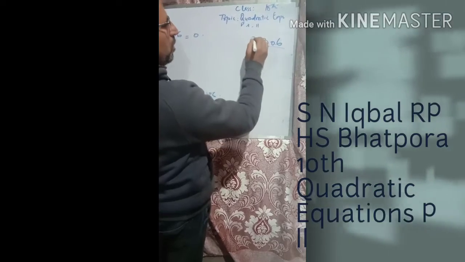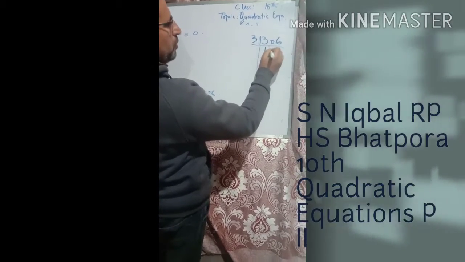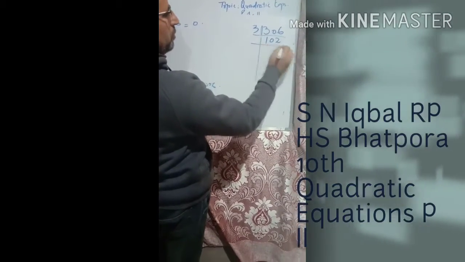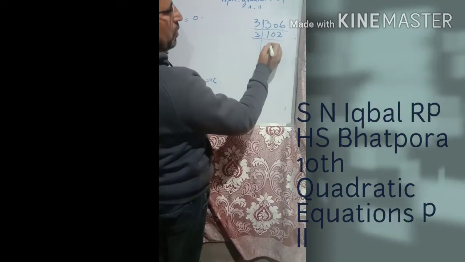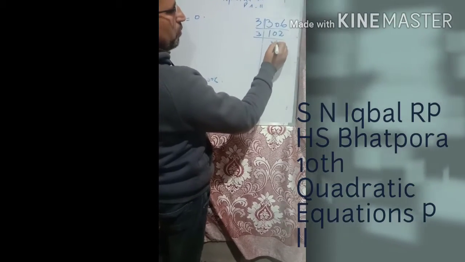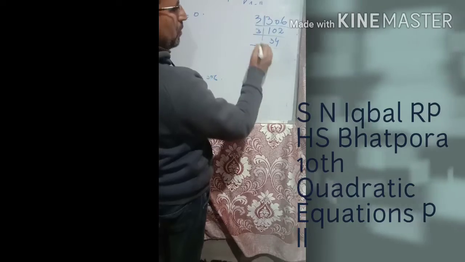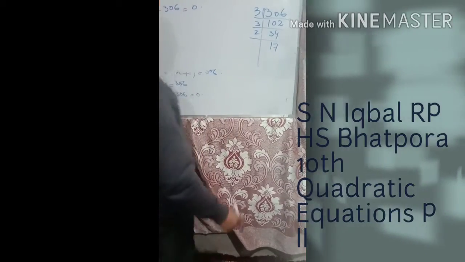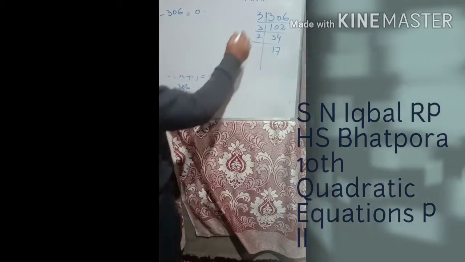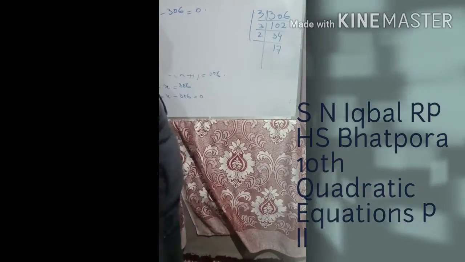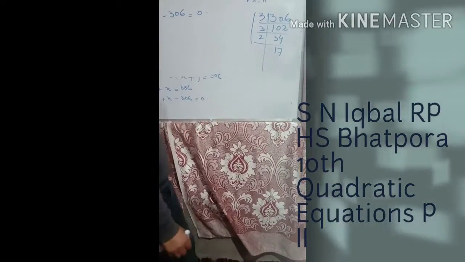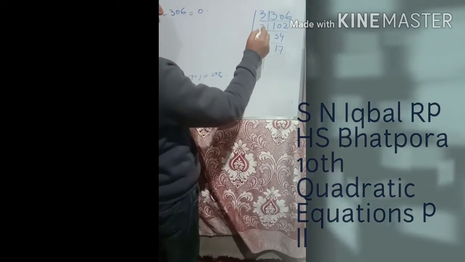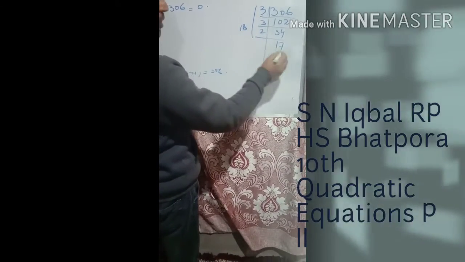3 ones are 3, 300, 3 twos are 6, 3 threes are 9, 3 fours are 12, 2 17s are 34. Here we see a pair of numbers. 3 threes are 9, 9 twos are 18, and another is 17.